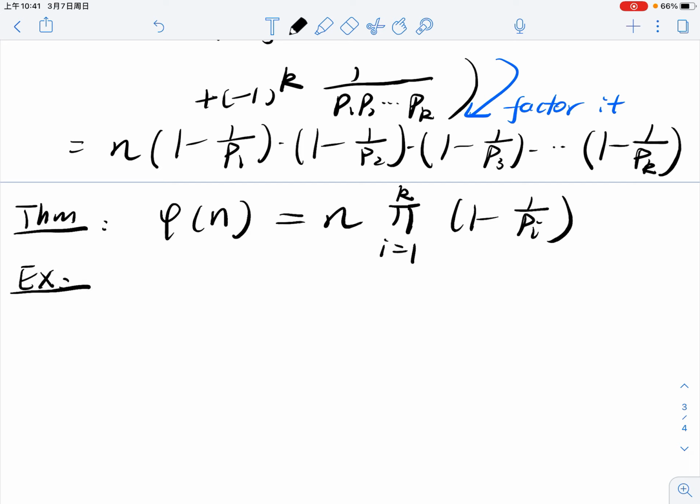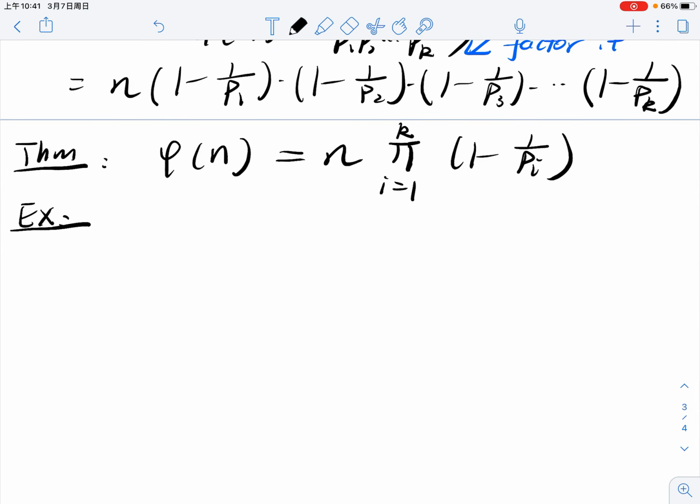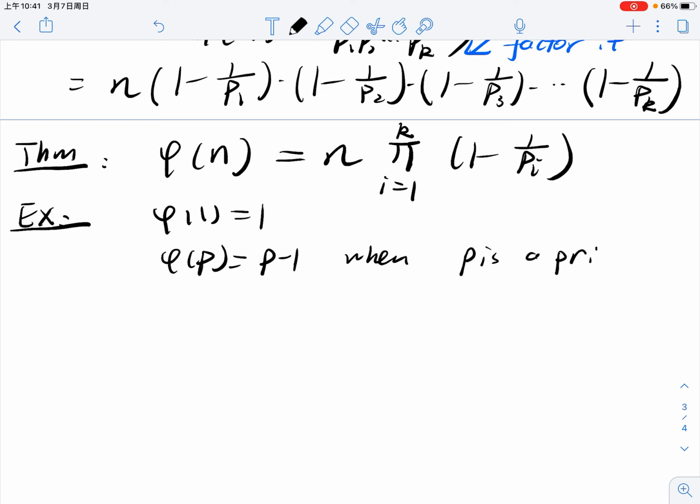And an immediate application is phi 1 is 1, phi p is p minus 1 when p is a prime. So I just want to mention that in number theory, when they write down a variable p, they usually mean it's a prime.